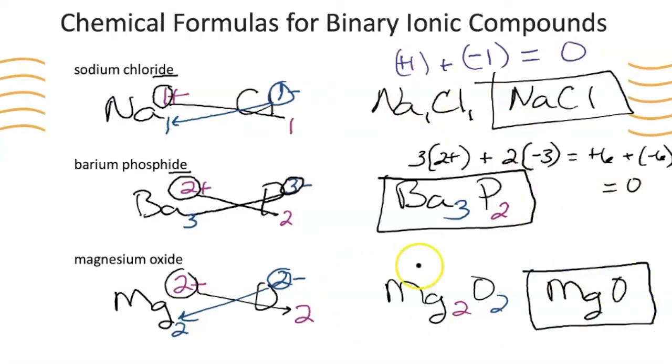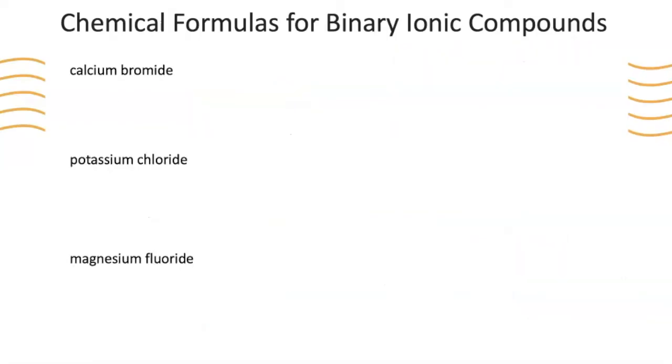If we do a quick check of the charges, we will have a 2 positive, 2 negative, which would give us +4 plus -4, which would give us an overall charge of 0. Pause the video and practice these 3 yourself.